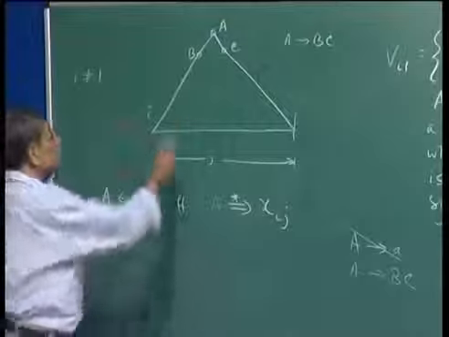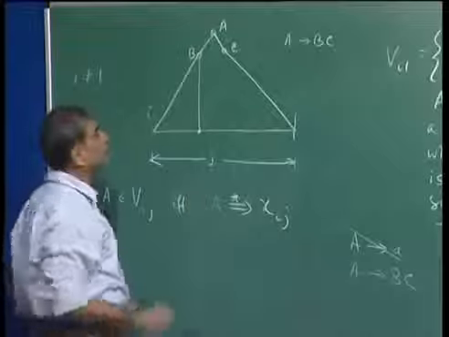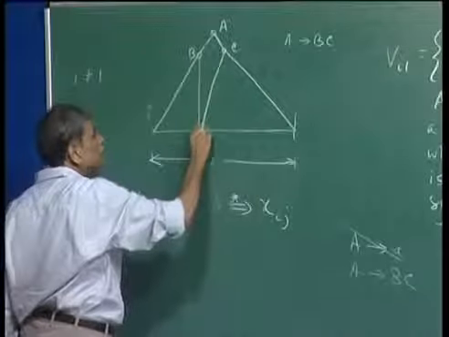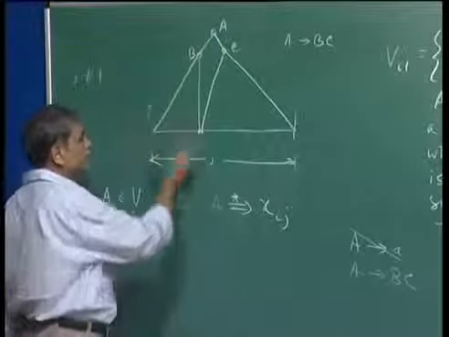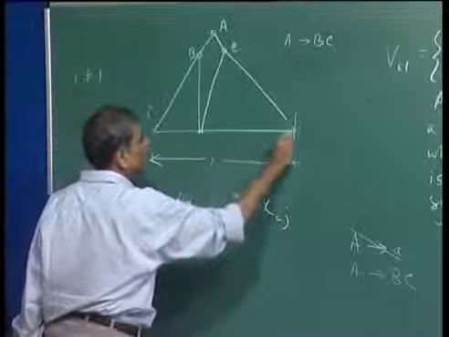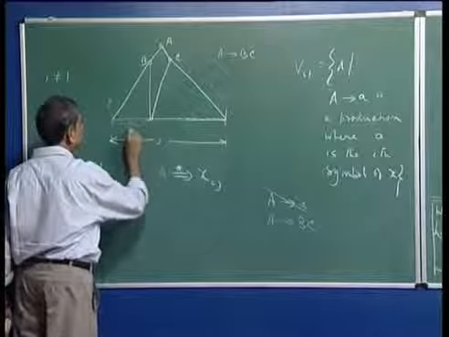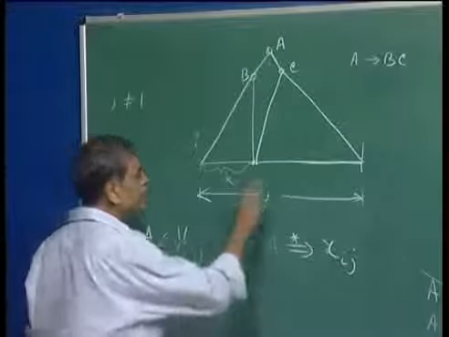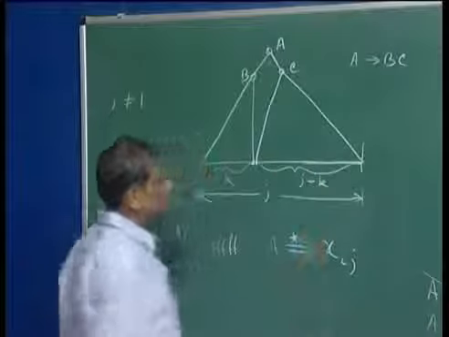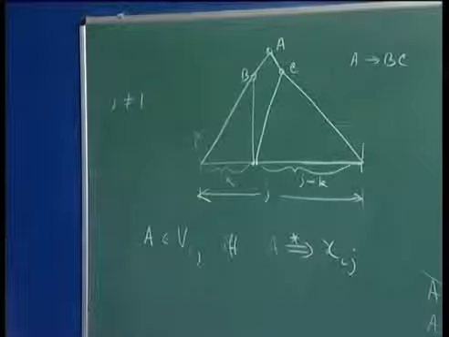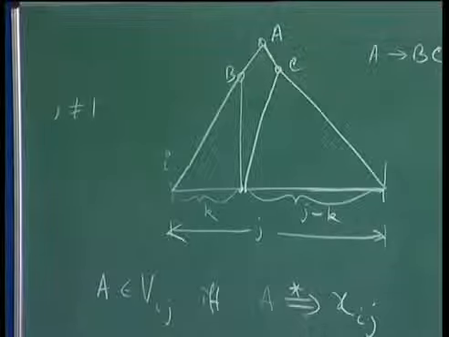So then this B will generate the left half of the string Xij, and C will generate the rest of it. And let me say that this length is k. So what is the other length? It is of course j minus k. Correct? So therefore, can you see what B is in terms of these Vij's?